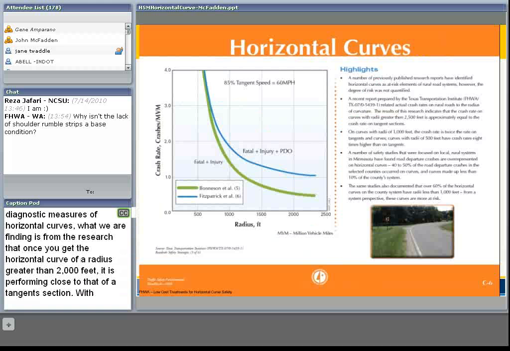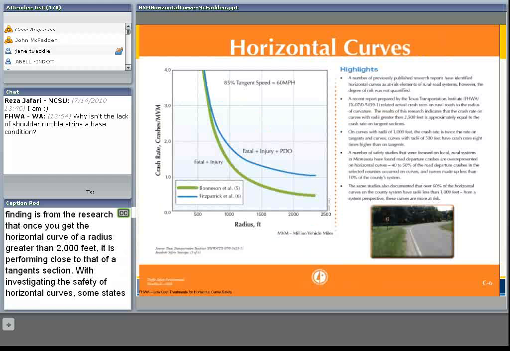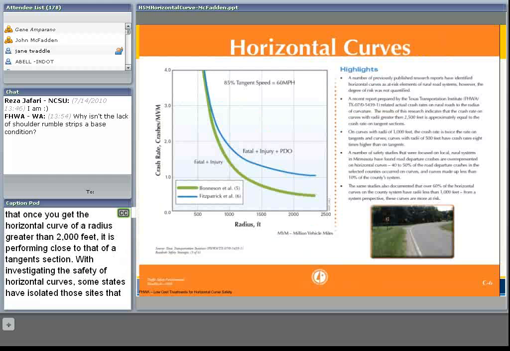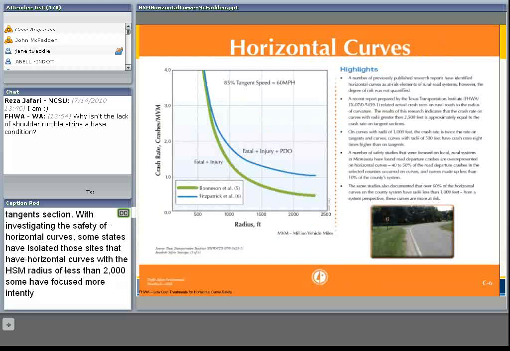When we take it a little further and look at diagnostic measures of horizontal curves, what we're finding from the research is that once you get a horizontal curve with a radius of greater than 2,000 feet, it is performing very close to that of a tangent section.